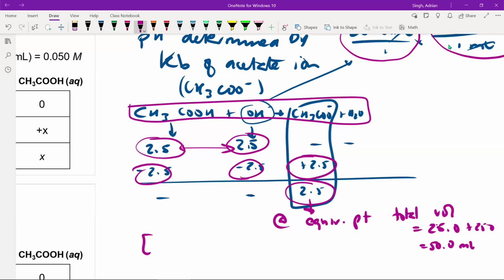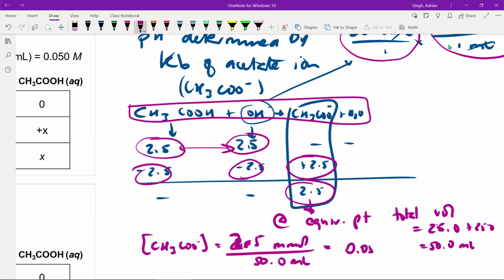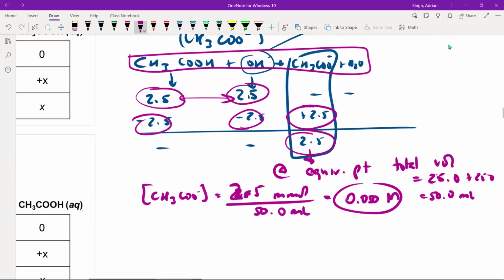So the concentration then of the CH3COO minus would be 2.5 millimolar for every 50.0 mils. Okay, so we evaluate that and we end up with 0.050 molar as our concentration of the acetate ion.